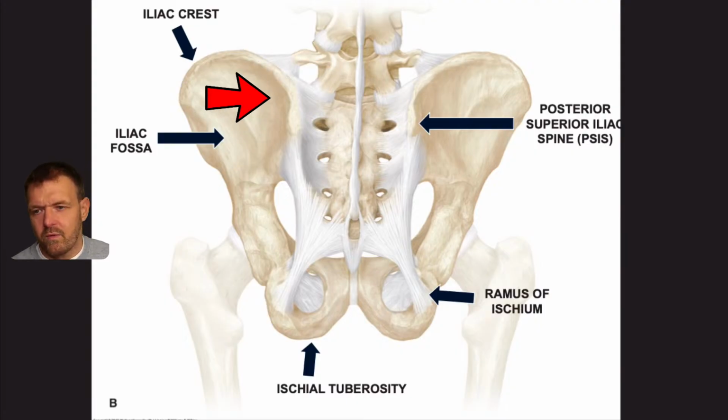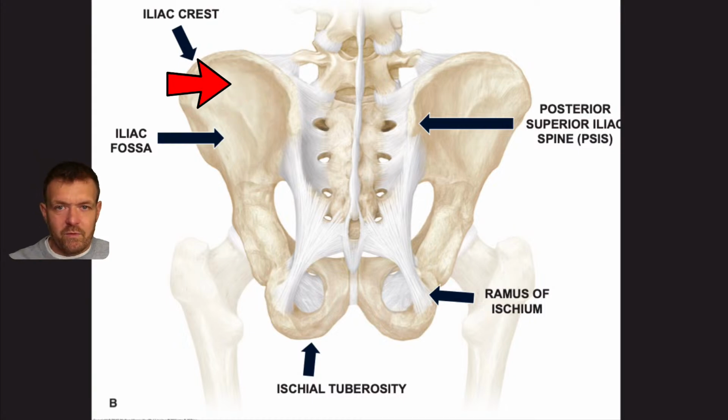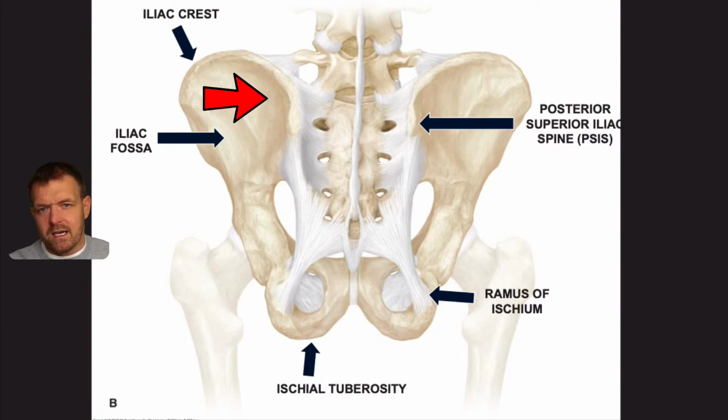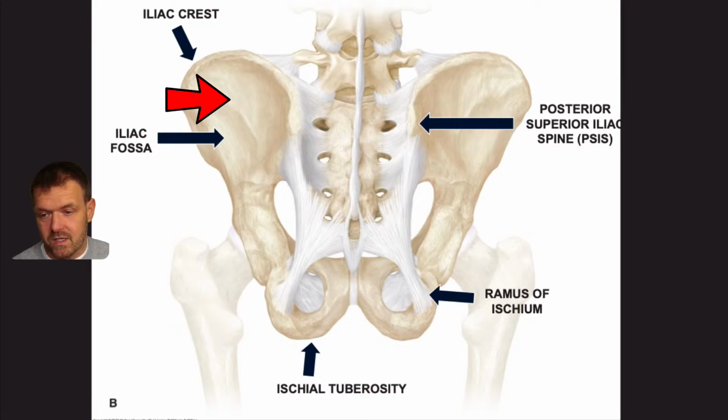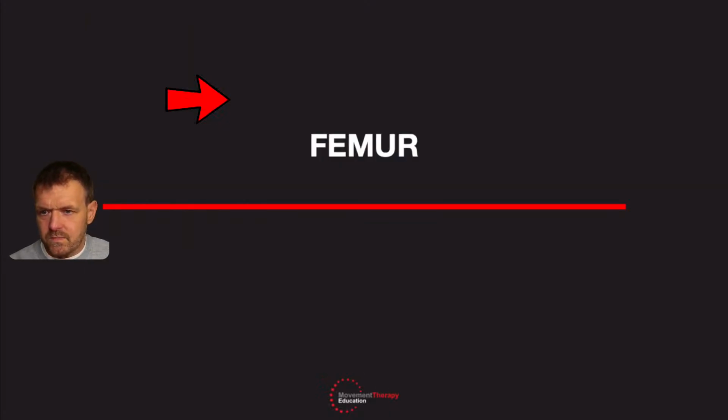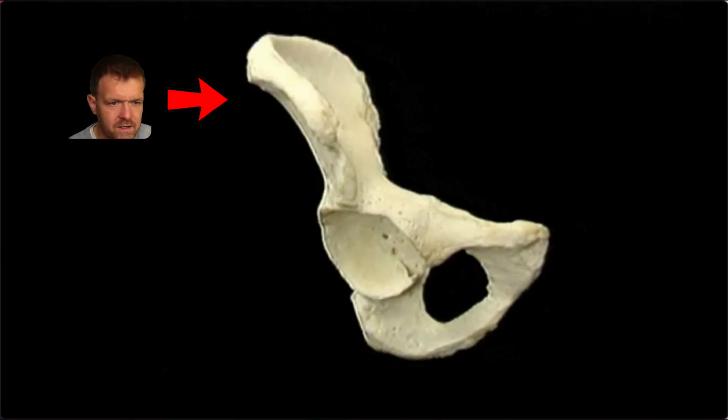If we can do a thorough examination of this area, see if we can reproduce their symptoms by pushing on some of these muscles, then that can affect your clinical reasoning. So if all the other tests are clear for the nerve root stuff, and then this is positive, it's more likely to be that. Okay, so let's have a look at the femur as well.